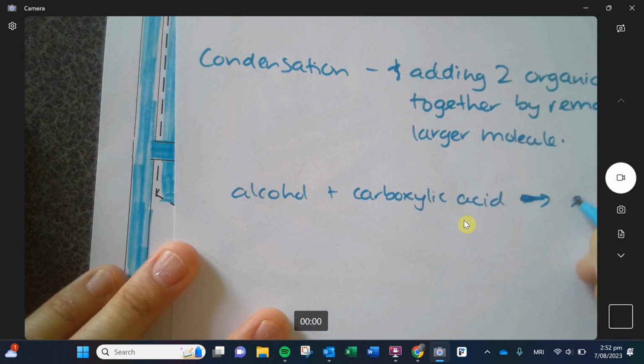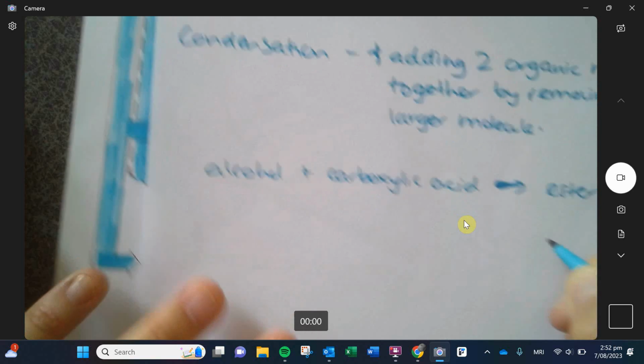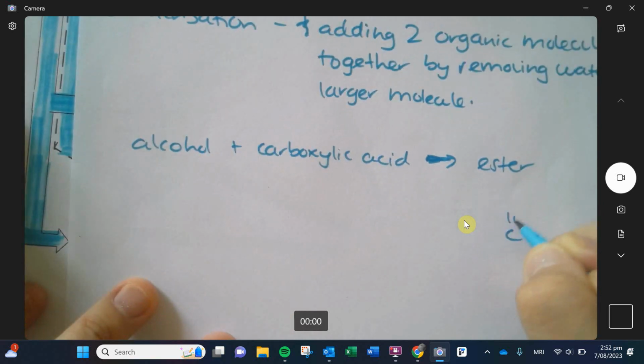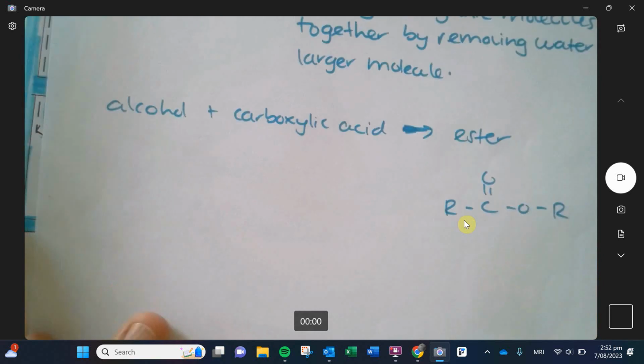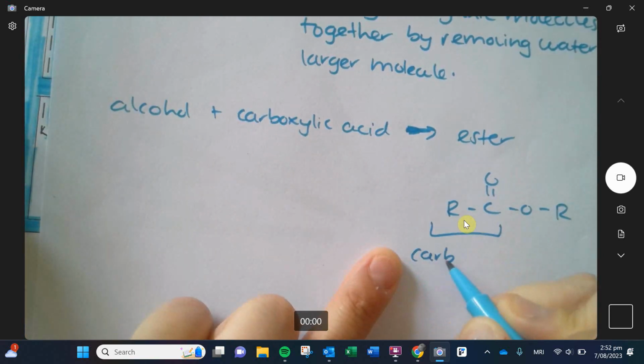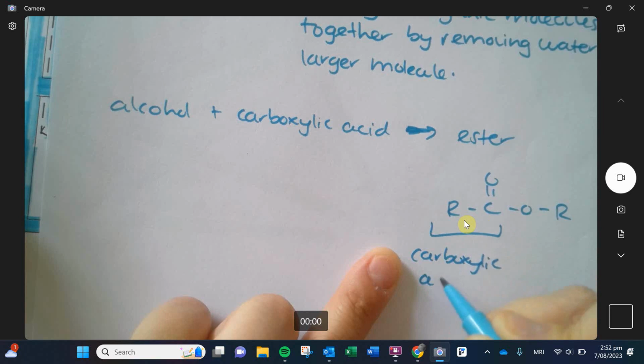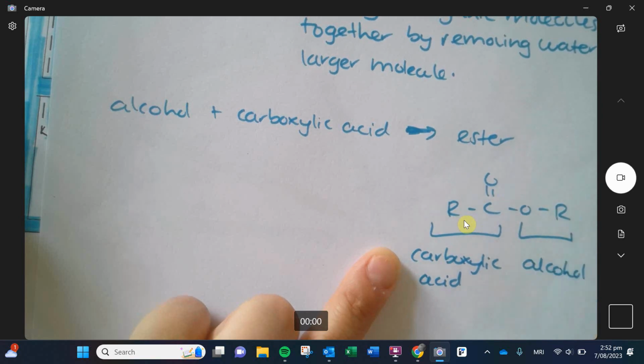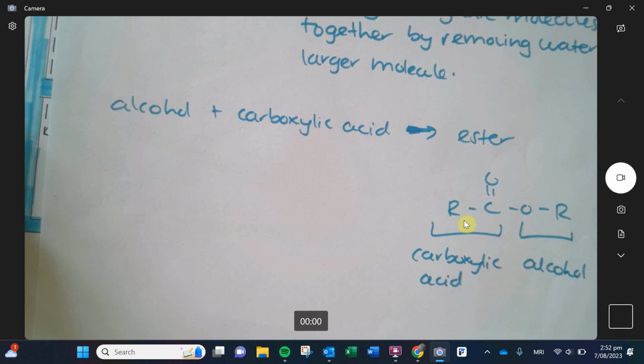Should do an arrow. Because when you think about the ester functional group, you had C double bond O, O, and then you had two R chains from it. And if you remember, I said one of these R chains is from the carboxylic acid, and the other R chain is from the alcohol. So two molecules have been added together.